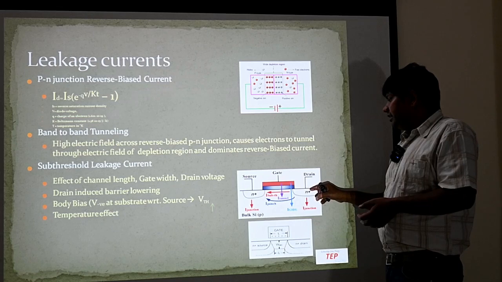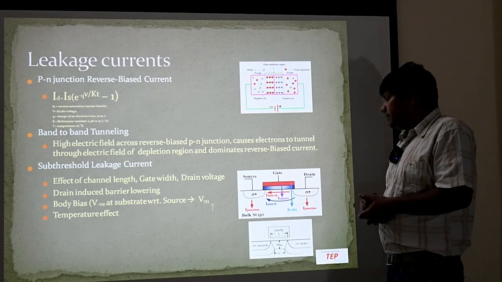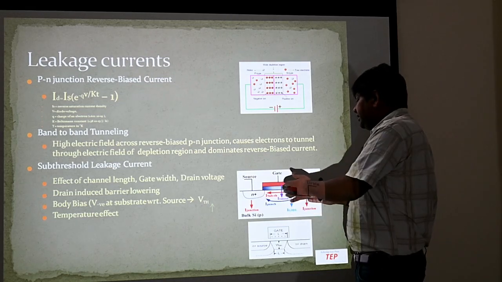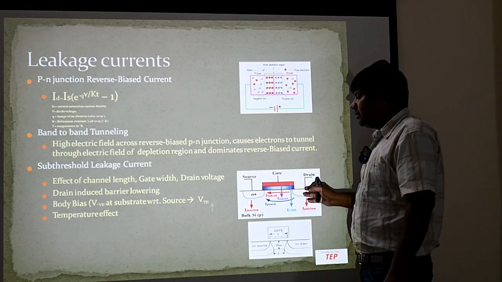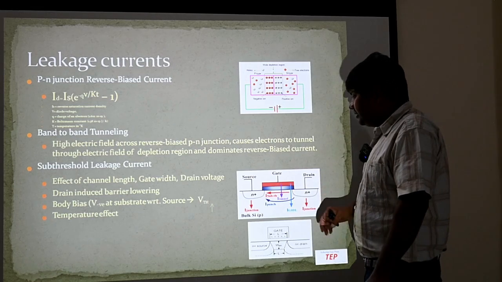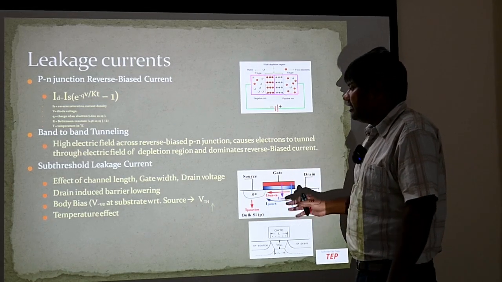So the voltage applied at the drain starts affecting there, and as we reduce the gate length more and more, this effect is becoming more prominent. So that is one of the factors that will decide how much leakage there is.